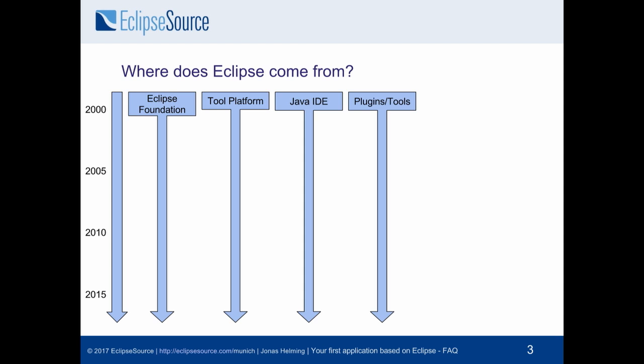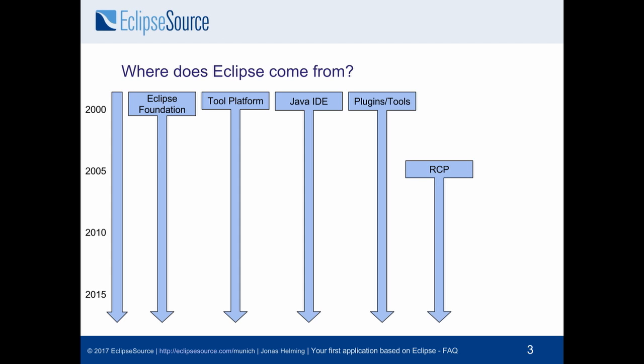So far, everything is pretty much focused on development tooling. However, people who were developing plugins and tools back then, they pretty much liked all the concepts provided by the platform, and they wanted to use the same concepts in their business applications too. The concepts I'm talking about is, for example, perspectives, these views that you can drag around, the toolbars, and all this stuff. So initially, this was pretty hacky.